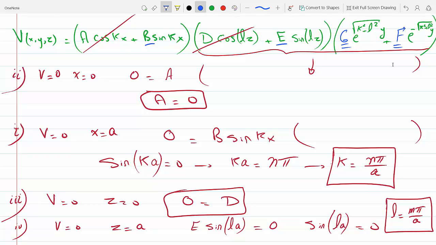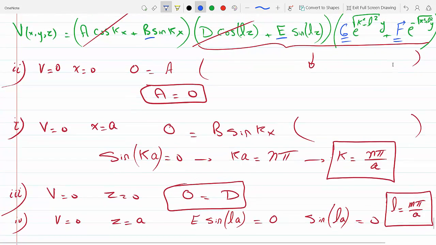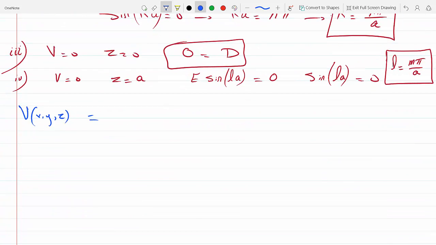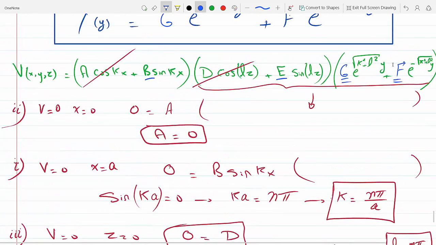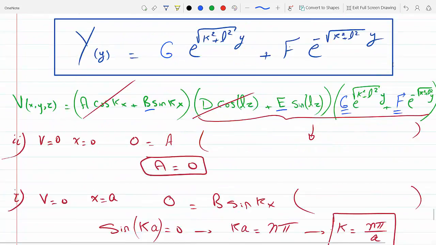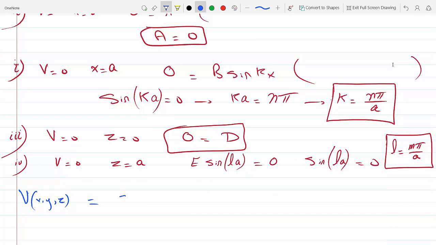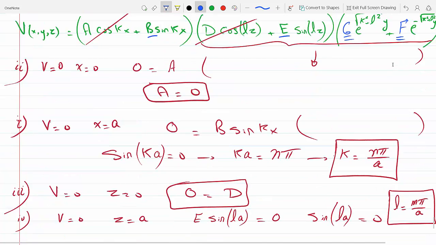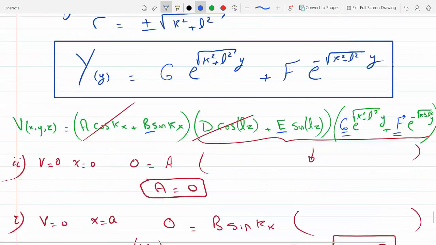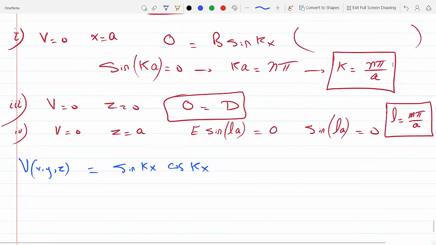Let's just call them C and D. So what we have left is C sine kx. Cosine kx? No, sine, they're both sines. Sine lx.